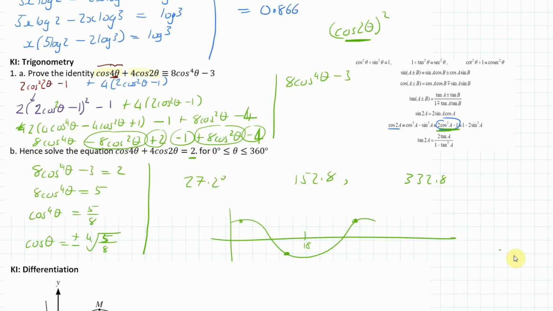And then the other one, this one here, is we find the difference between 180 and 152, and then we add that on. So when I do that, I get 207.2.